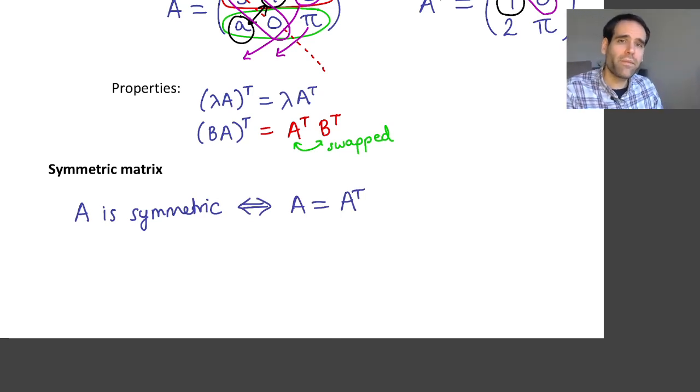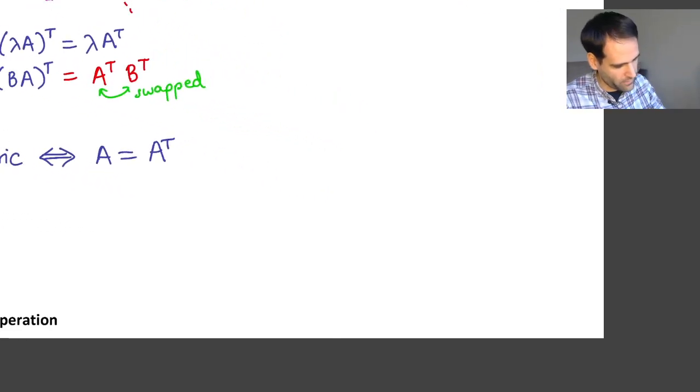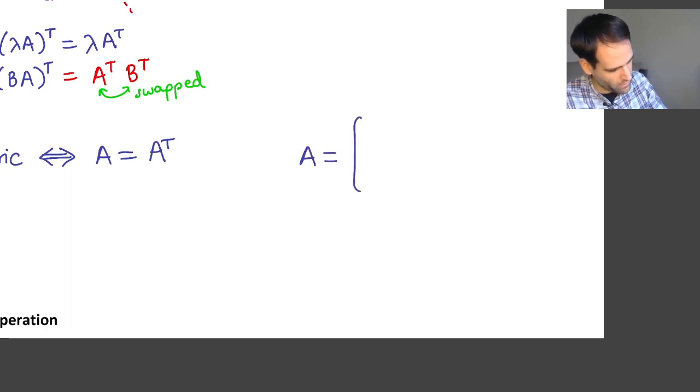And how does a symmetric matrix look like? Well, it looks like simply a matrix that has this mirror symmetry. So let me write a symmetric matrix. We can have 0, 1, 0, pi. And then if we have an A here, we also have an A here. If we have a 2 here, we also have a 2 here.